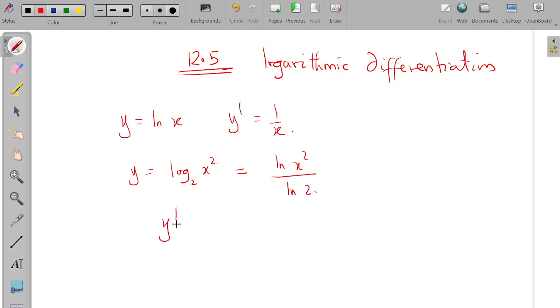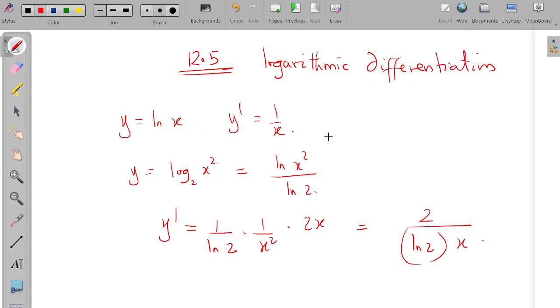And when you differentiate it, you say 1 over ln 2, because 1 over ln 2 is a constant, then 1 over s squared multiplied by 2x, which will now give us 2 all over ln 2x. So this is the derivative of a logarithm function.